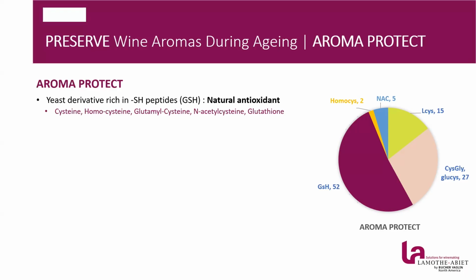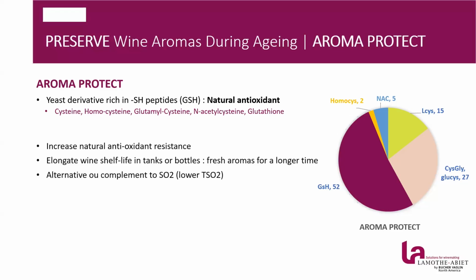So this is why we developed Aromaprotect. Aromaprotect is a yeast derivative rich in sulfur peptides, and it has more than 50% of glutathione. That means that it's one of the most reactive products on the market. It will be a natural antioxidant.